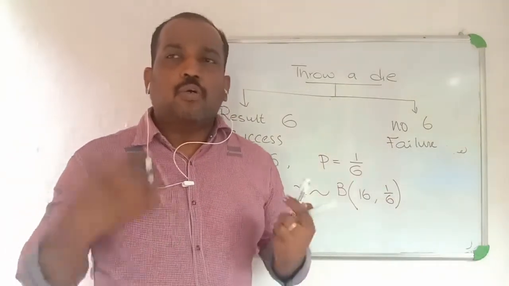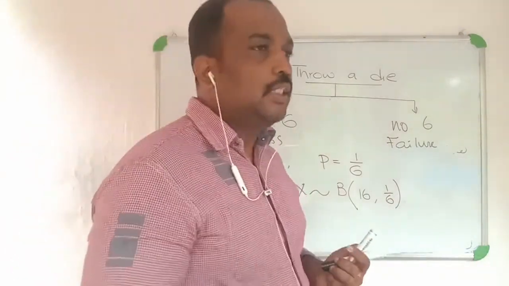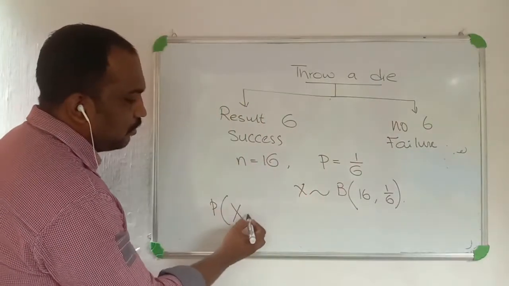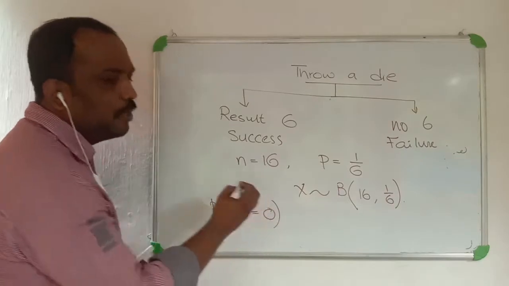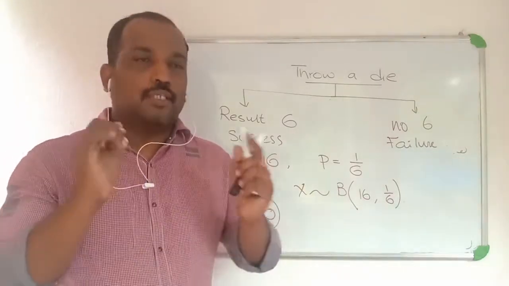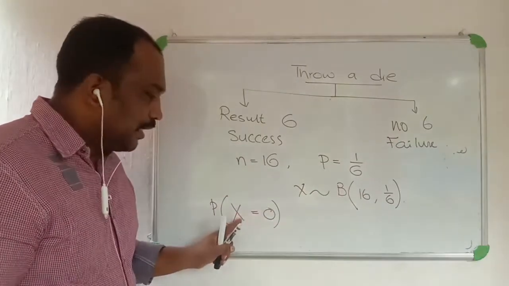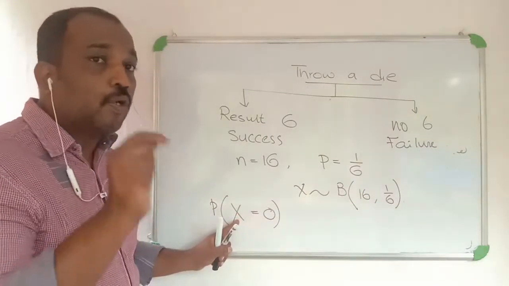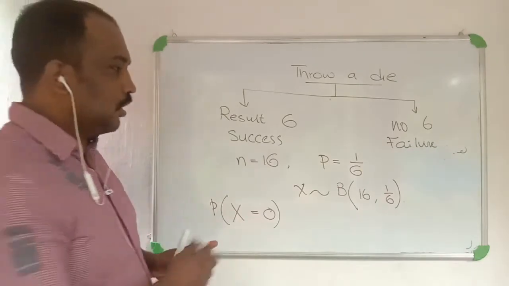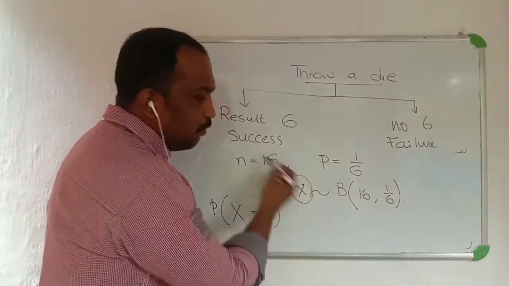Now, what is your procedure? The procedure is nothing but finding the probability of X equal to 0. Here X represents the number of sixes obtained. X is a random variable.